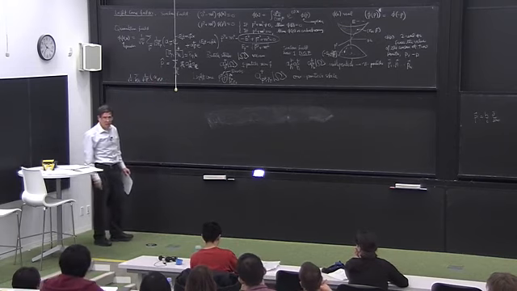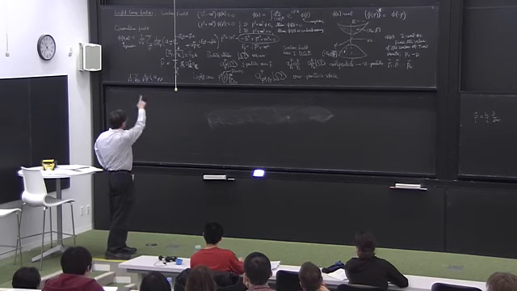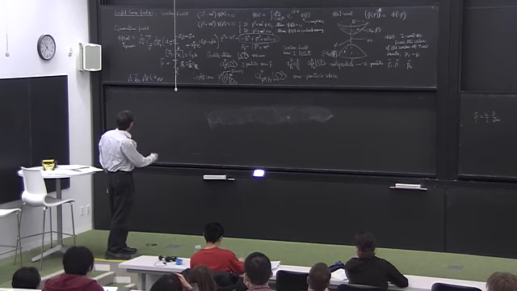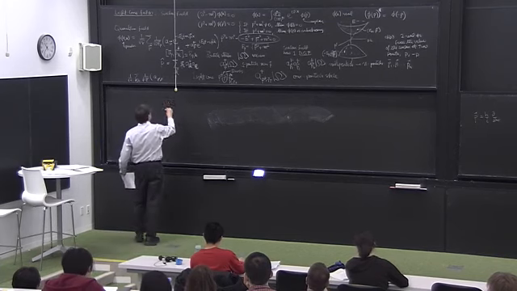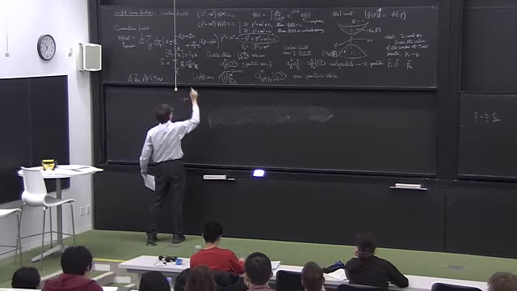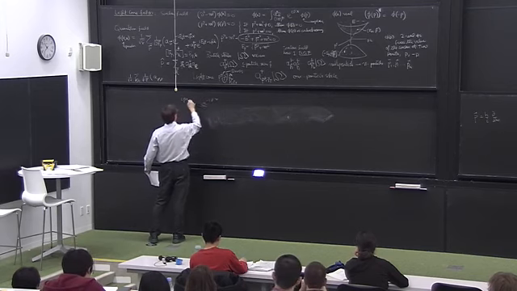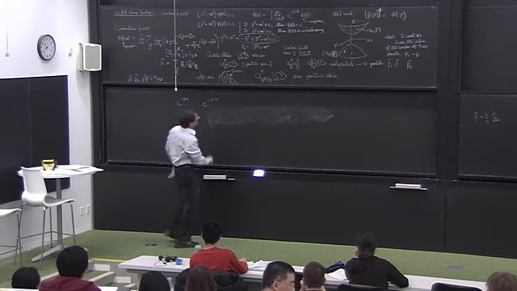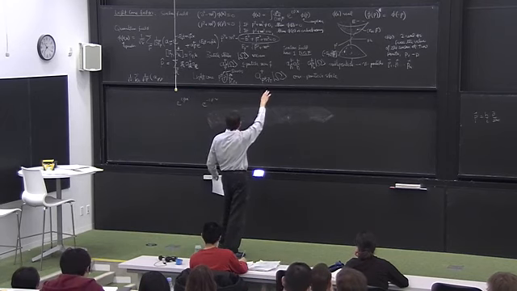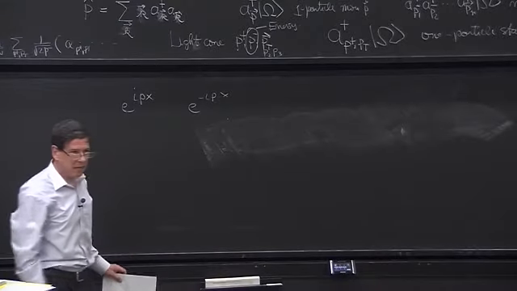The index in the exponential, the first one is e to the iPX, and the other one in the other exponential is e to the minus iPX. Expand the way we wrote it before, and just take it.